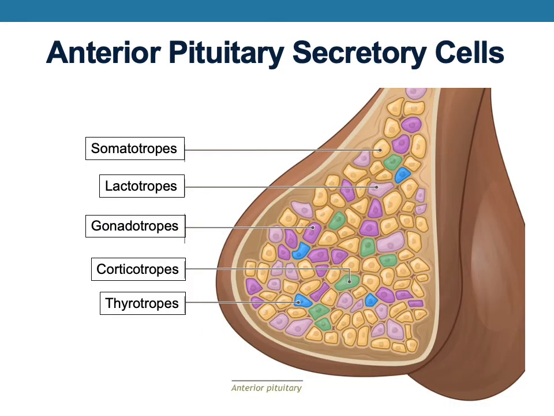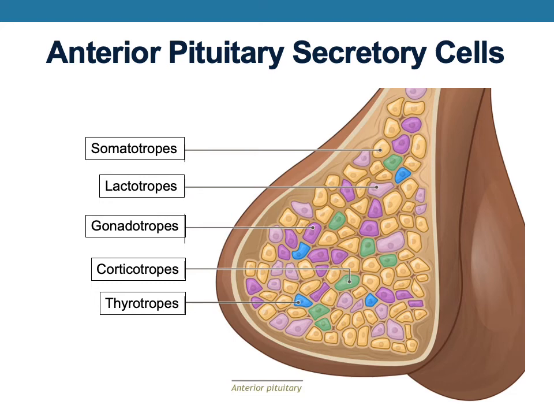Anterior pituitary secretory cells. The anterior pituitary is made up of different types of epithelial cells. Each of these specific secretory cells synthesizes one of the specific primary hormones of the anterior pituitary. Whenever you see the suffix tropes describing a cell, that means that cell produces and secretes something that will affect the function of another specific cell or tissue.